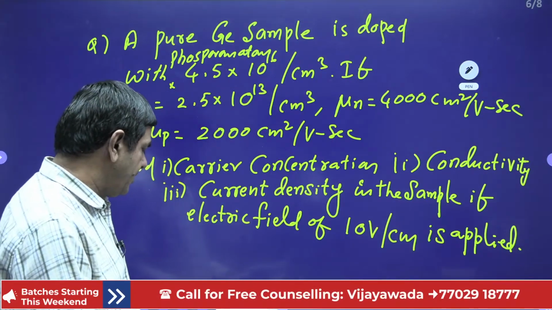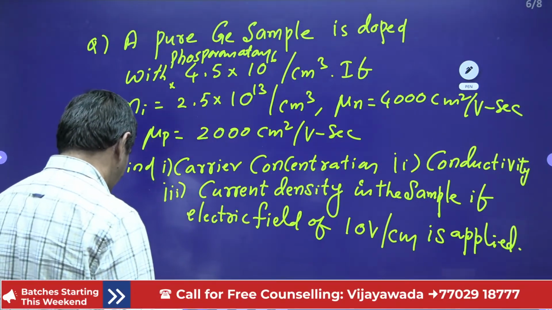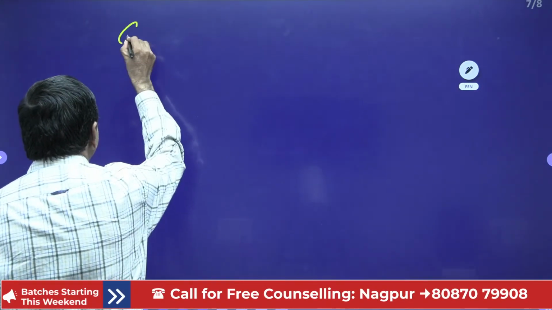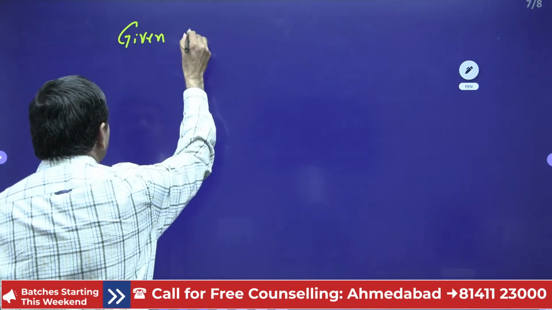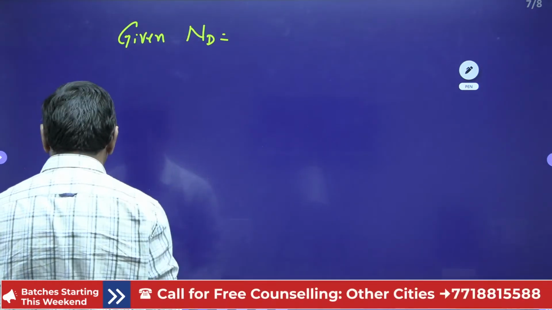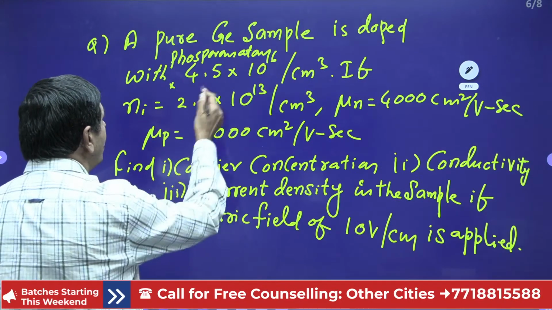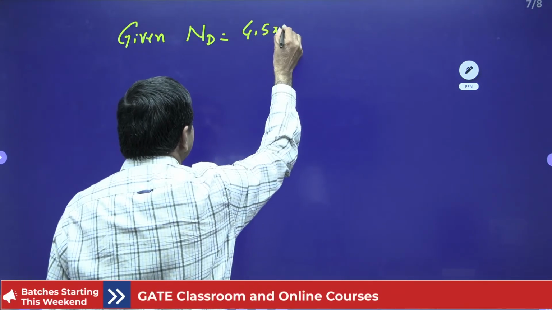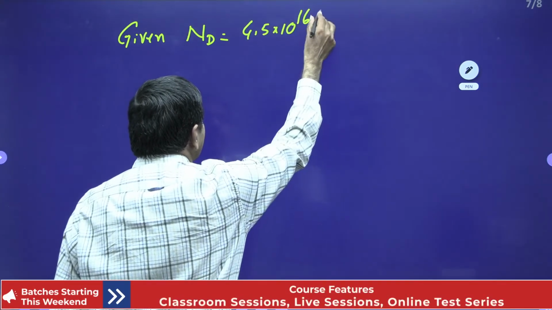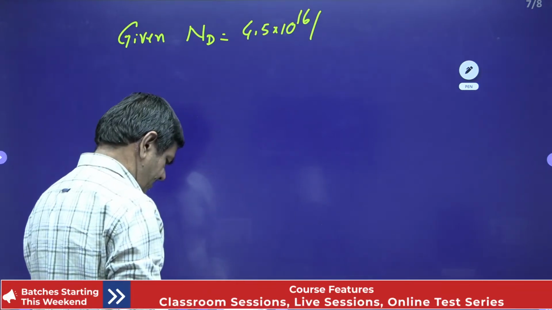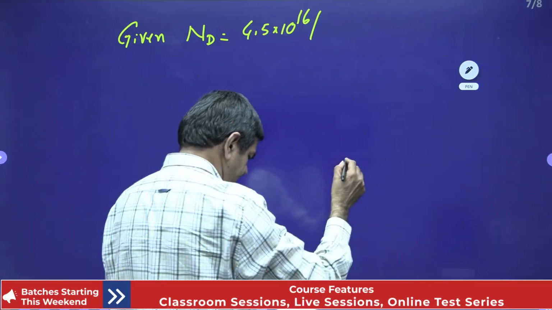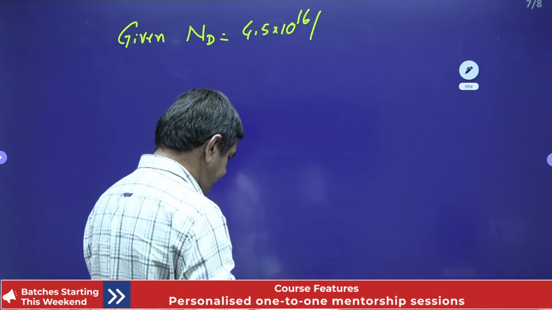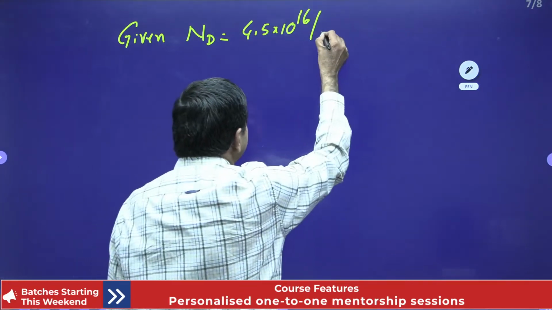The donor atoms are, what, the donor concentration Nd is given as 4.5 × 10^16. I will write here: Nd is given, the donor concentration is 4.5 × 10^16 per cm³.